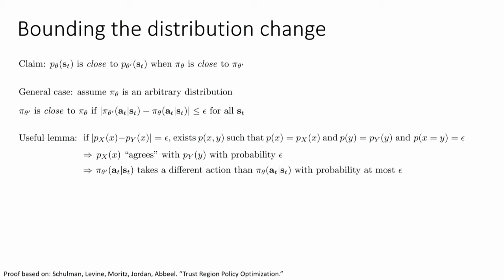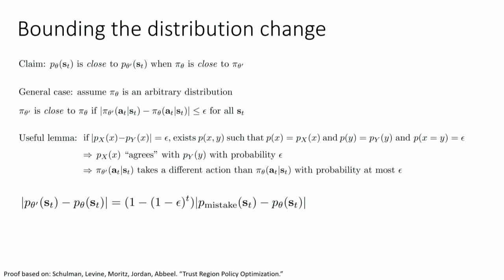But now, since pi theta is itself stochastic, we need this more complicated technical lemma to make that actually make sense. But once we have this lemma, once we basically can say that pi theta prime will make a mistake with probability of at most epsilon, then we can directly reuse everything that we had on the previous slide, simply plug it right back in, say that, well, if they'll take the same action with probability at least epsilon, different action with probability at most epsilon, that means that, again, we have the difference between p theta prime of st and p theta is 1 minus epsilon to the t times the difference between p mistake and p theta.